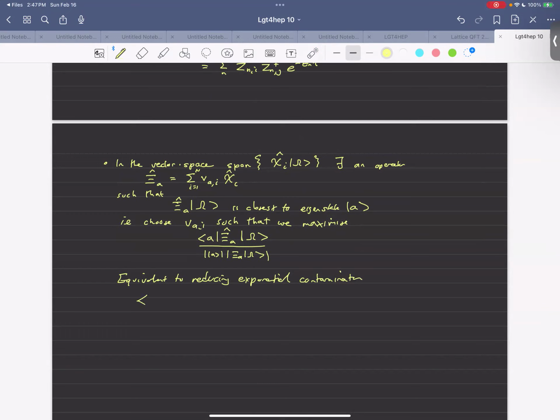So we would have that the vacuum expectation value of chi A, chi A dagger at 0 is going to be some overlap factor.